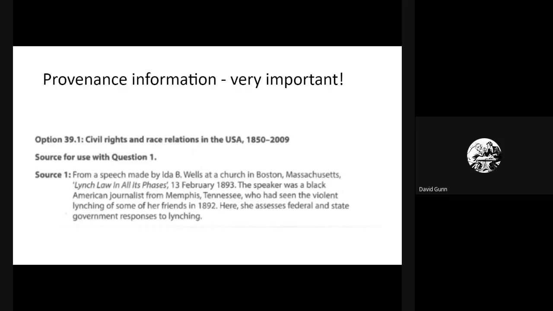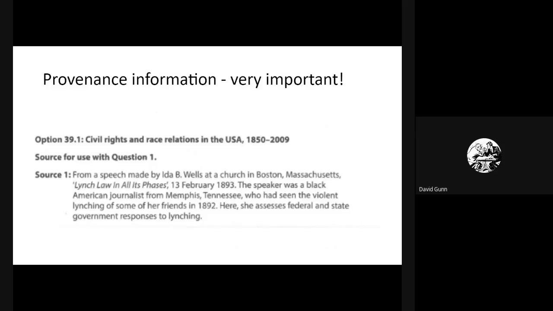She was a journalist from Memphis, Tennessee, which is in the South, so she's likely to have a good insight into these issues. In fact, it says she'd seen the violent lynching of some of her friends. So she has first-hand experience of the violent racism of the South in the 1890s. She's talking about federal and state government responses to lynching, so that's useful for inquiry 2.